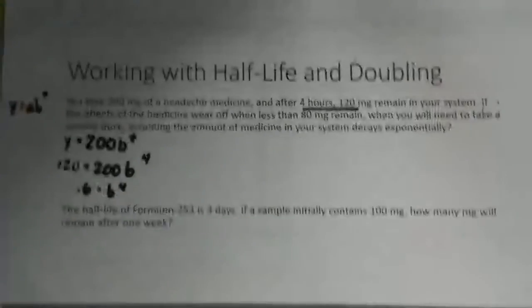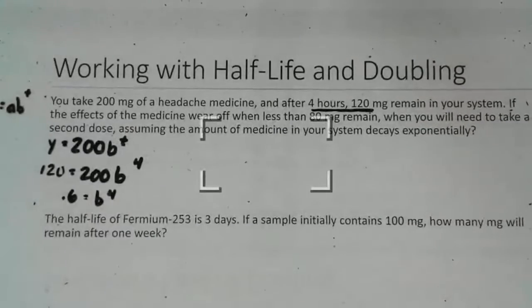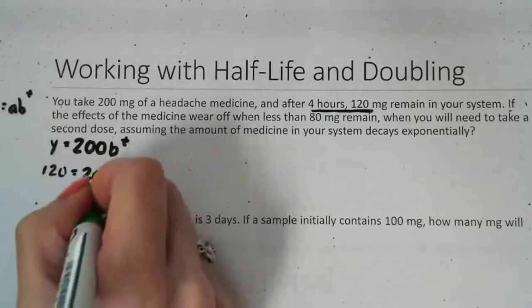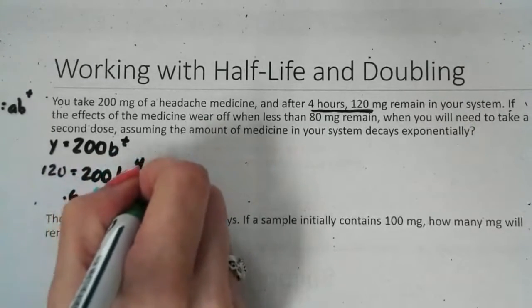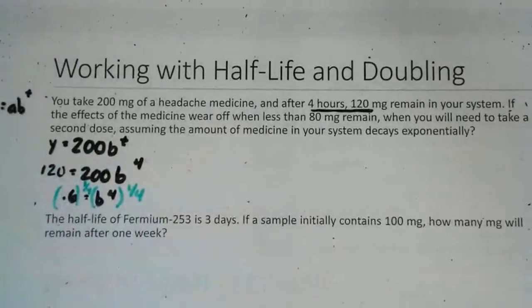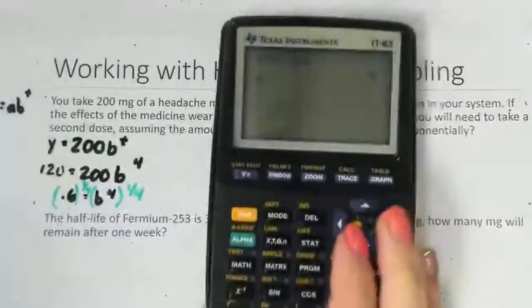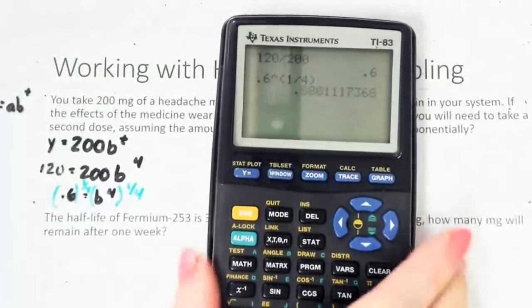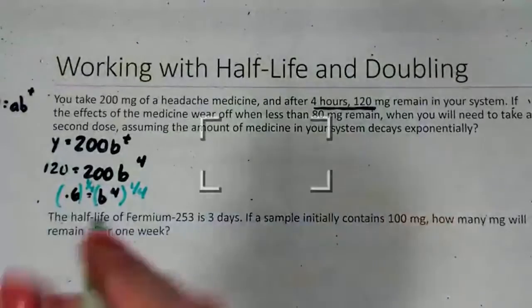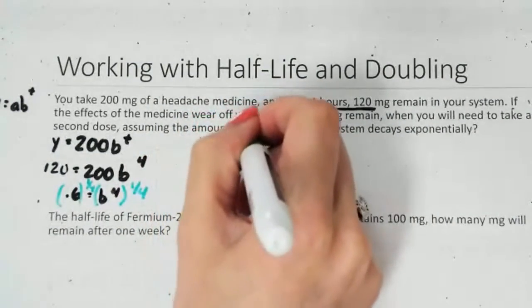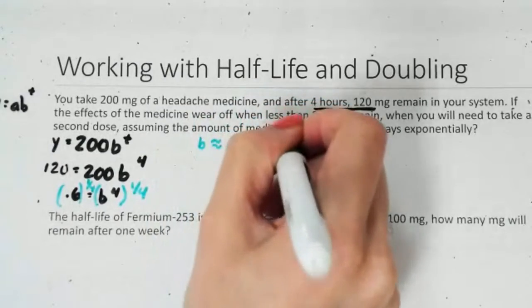Let's zoom in a little bit. So if I want to solve for b, I'm going to raise both sides to the 1/4 power. So b is equal to 0.6 raised to the 1/4 power, and it looks like b is approximately equal to 0.8801.